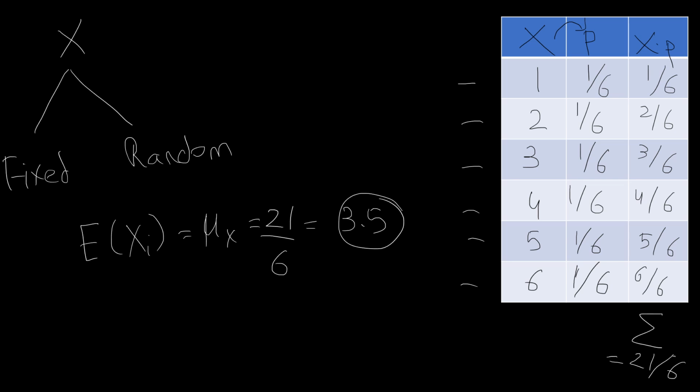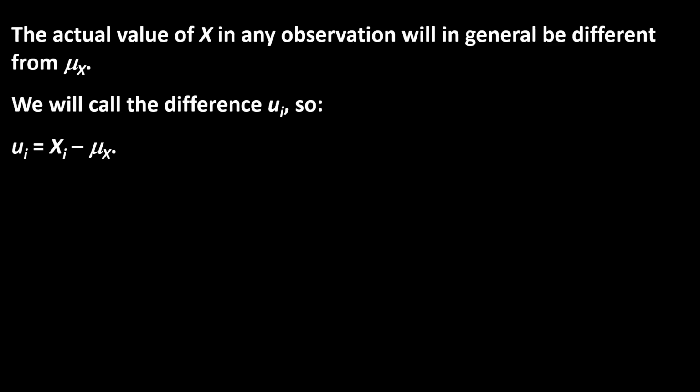Now, moving on. The reason that we introduced that example is to understand the idea that the actual value of x in any given observation is going to be different from the population mean, that is mu x.